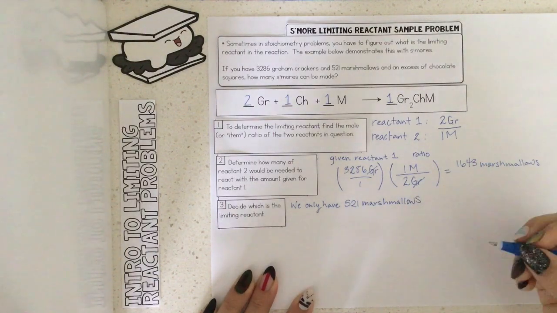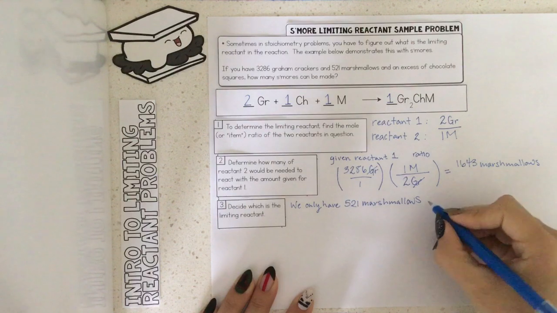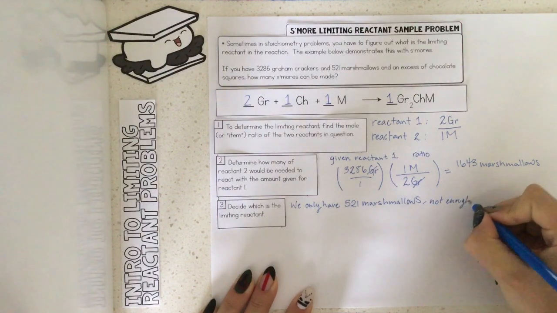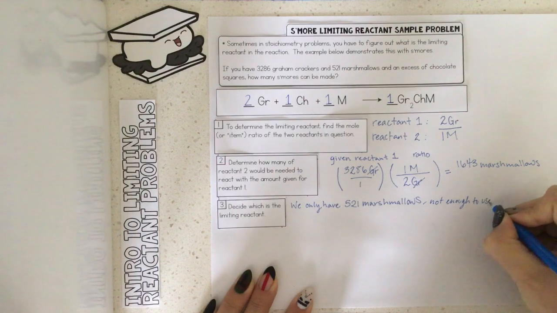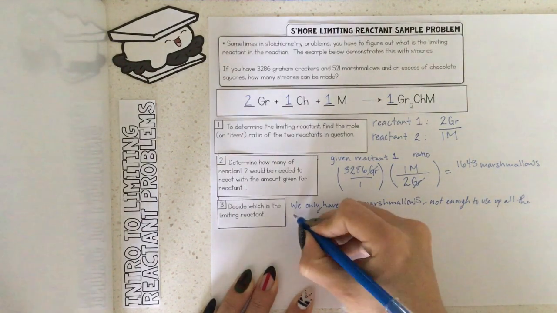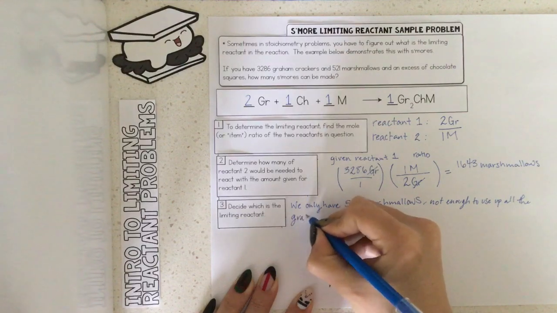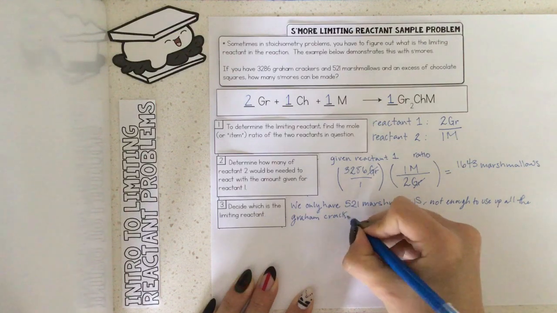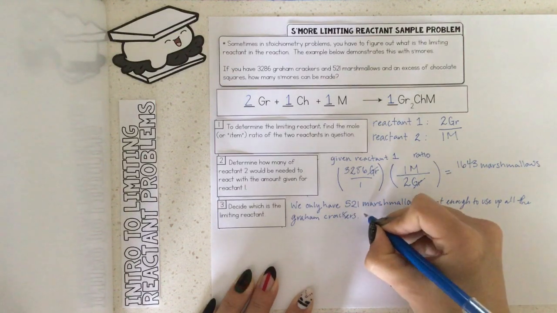Which is not enough to use up all the graham crackers. That's what makes it the limiting reactant.